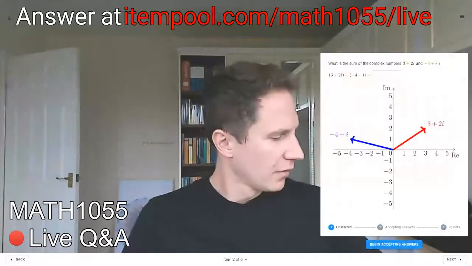Okay, since there are no other questions, let me go to the next problem. Here you see 2 complex numbers, and I have this little drawing. We have the complex plane. The question is, what is the sum of the complex numbers 3 plus 2i and -4 plus i?